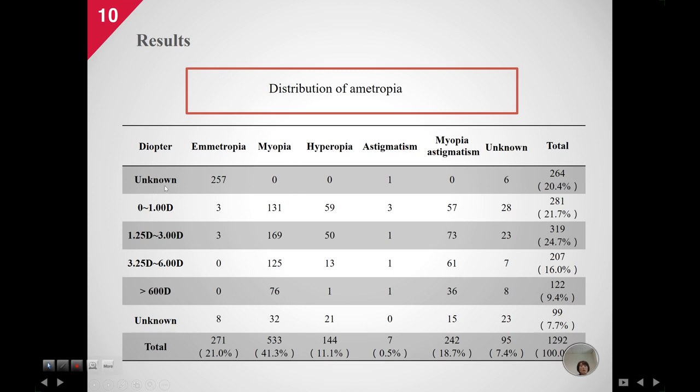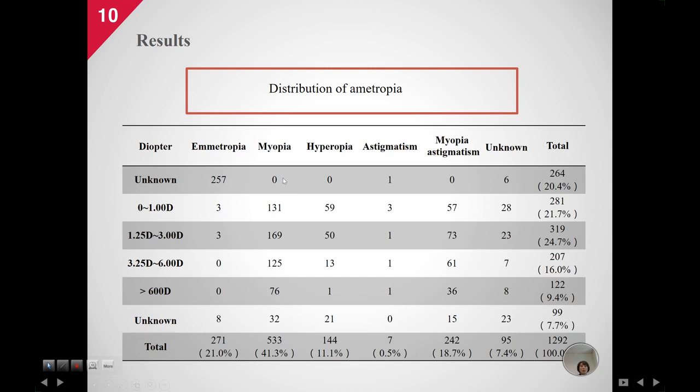Those who don't have ametropia are unknown, and those who do have a degree in diopters, which is the power. You can see the full refractive error results, and the number of myopia cases is high.